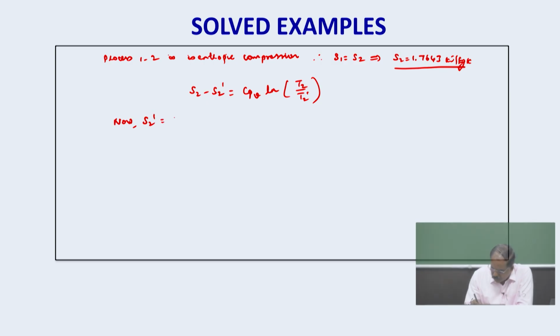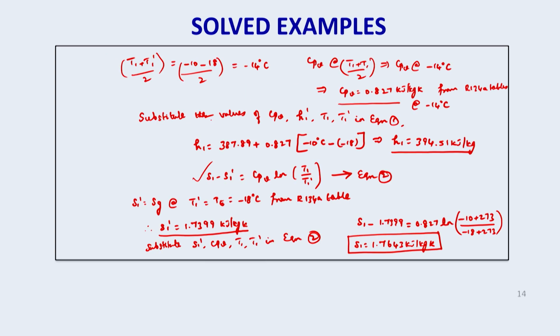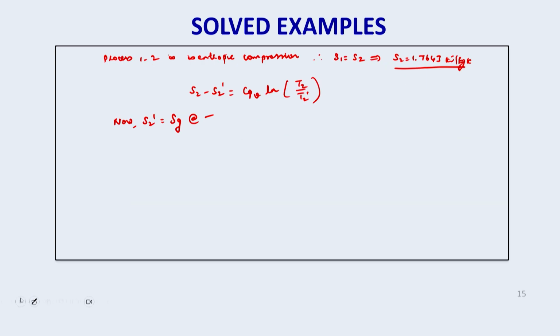S2 dash is equal to the saturated vapor entropy corresponding to T2 dash. T2 dash is nothing but T3, which is equal to Tc, equal to 32 degrees centigrade, from R134A. Let us refer to the table.